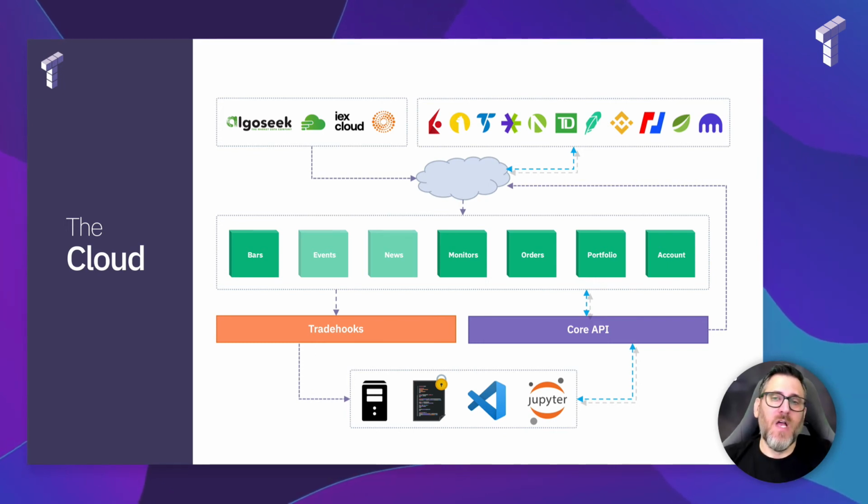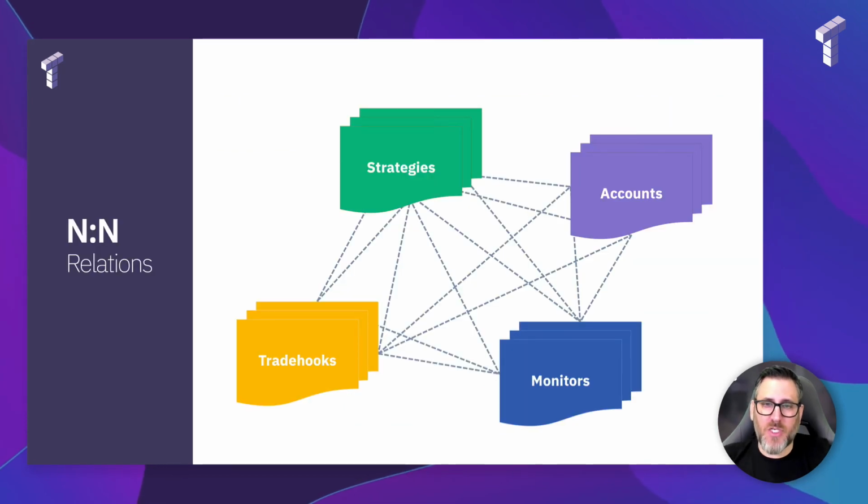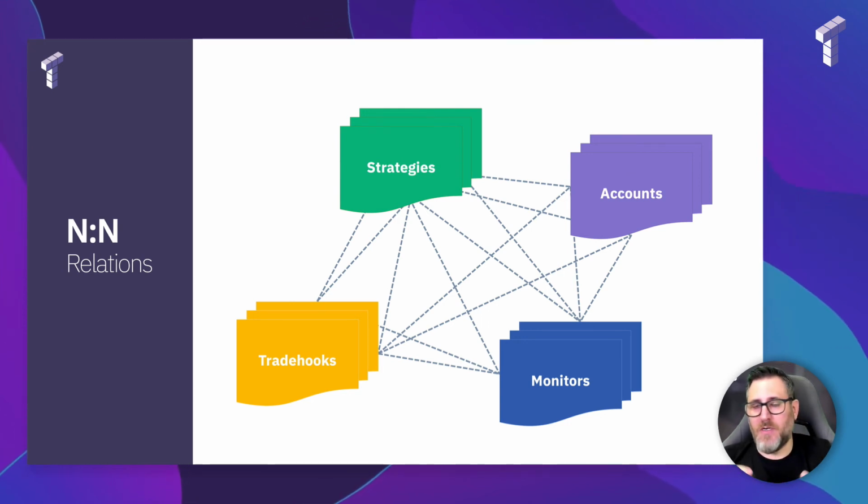All right. Another cool thing is that there's no one-to-one relationship between any of the things that you see here. These are the main 4 objects that I mentioned earlier, and you see all the connected lines here. What I mean by that is that a strategy can receive data from multiple Tradehooks. So you can have a Tradehook that says, please send me pricing information, 1 hour bars every 1 hour.